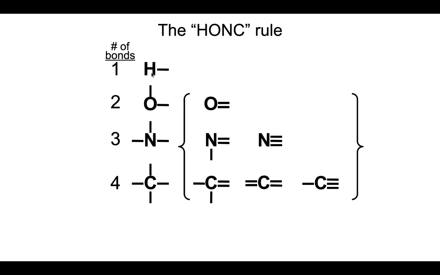H is the first letter, and that means it can be involved in 1 covalent bond. Oxygen is the second letter. Because of its valence number, it can be involved in either 2 covalent bonds or 1 double bond. N is the third letter, and it can be involved in 3 covalent bonds, or a triple bond, or a double and a single bond. So all kinds of different possibilities there.